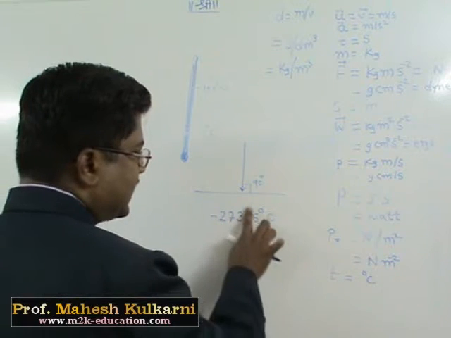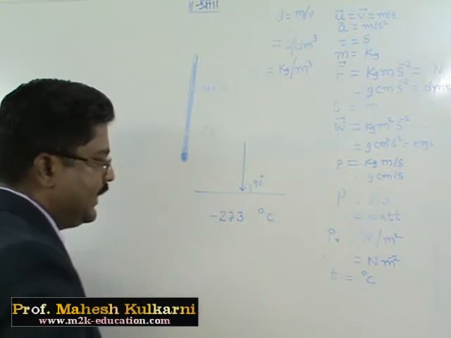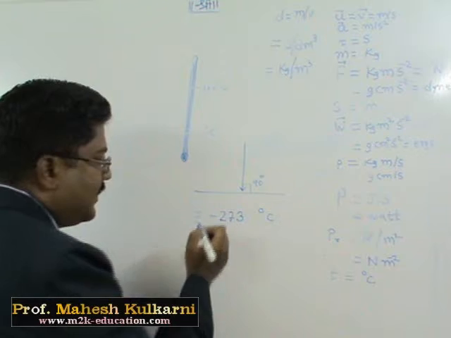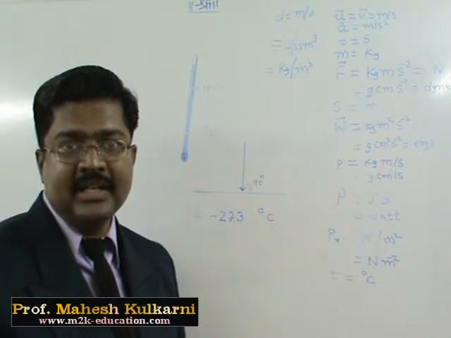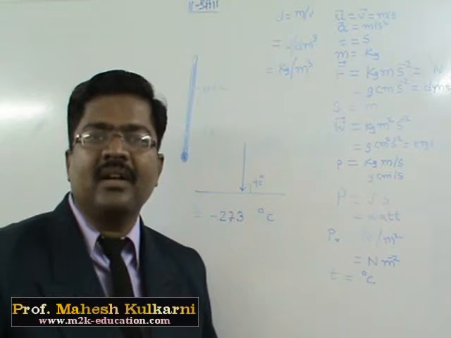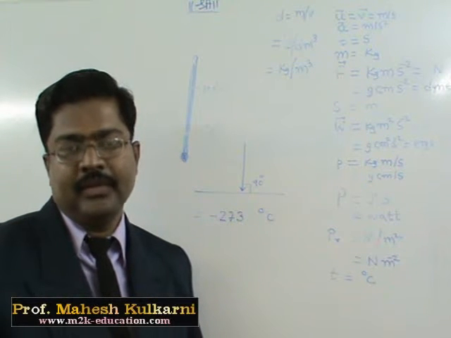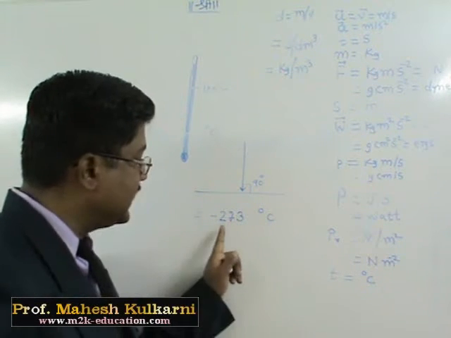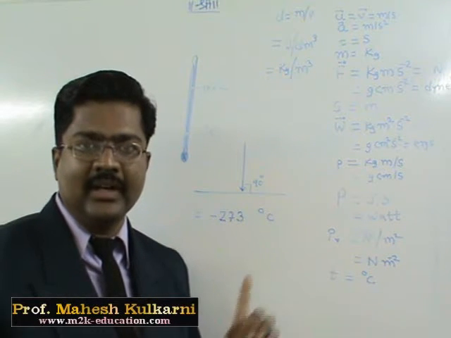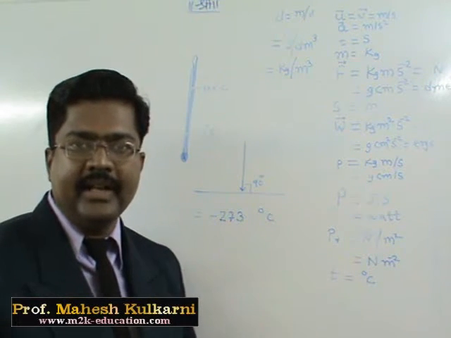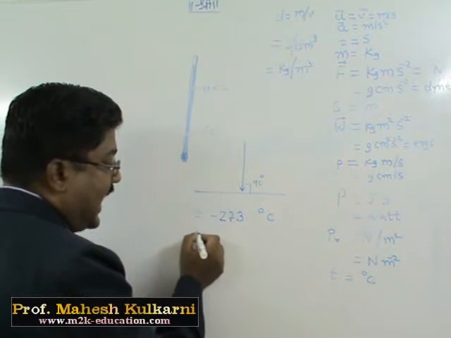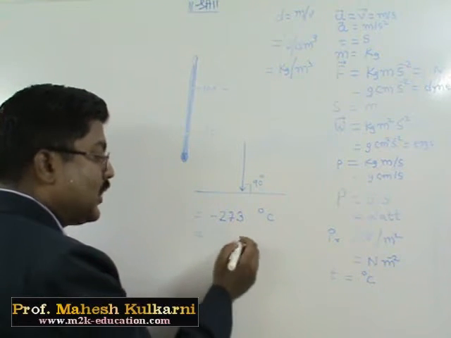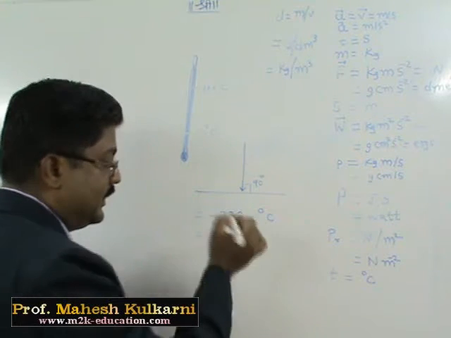For general practice, ignore the decimal part. So the minimum possible temperature is minus 273 degrees Celsius. Below that, temperature will not move. This is what we call absolute zero, that is 0 Kelvin.